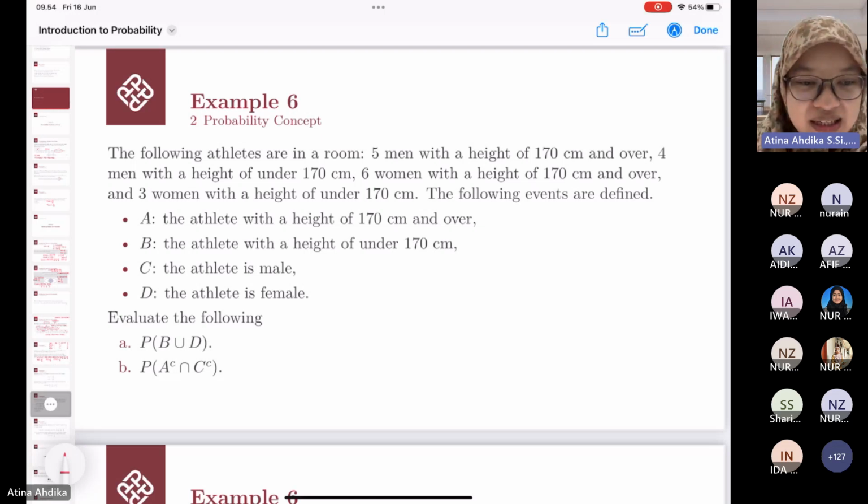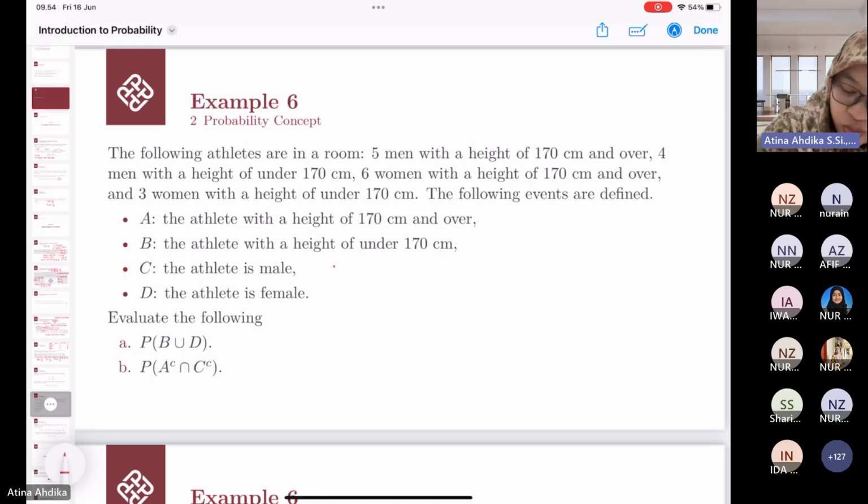So the first question is, what is the probability of the union between B and D? And the second question is, what is the probability of the intersection between the complement of A and the complement of C?